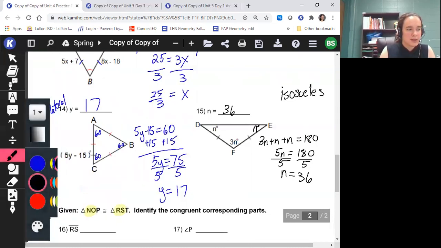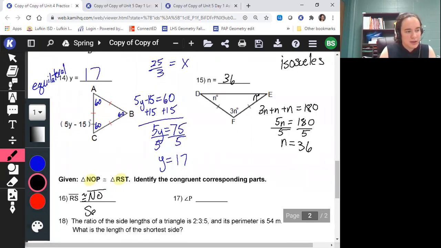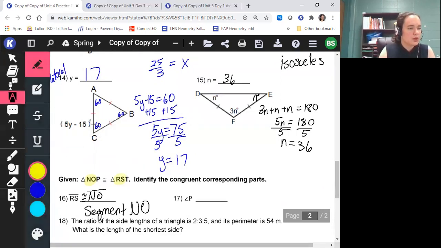So we want segment NO. Now, if you're typing this on a computer, you need to tell me segment NO. Make sure that N and O are capitalized. Yes, you need the word segment in front of it because you are telling me what you have.